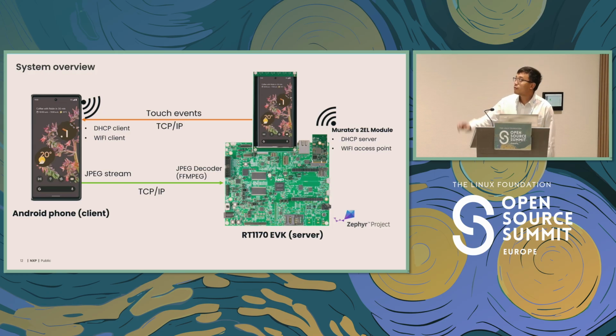And then the phone will capture the screen, compress it into JPEG, and send it to the board. The board will do the JPEG decoding onto the screen. And then the touch event will come from the touch screen and be sent via the TCP/IP socket to the phone. And for that, we can remotely control the phone.